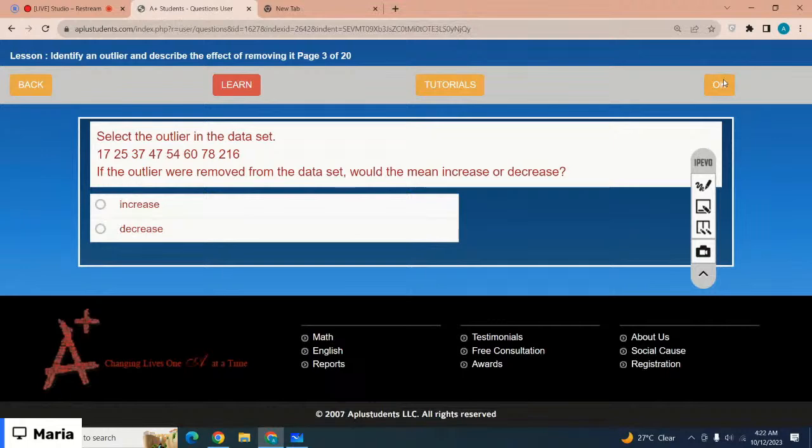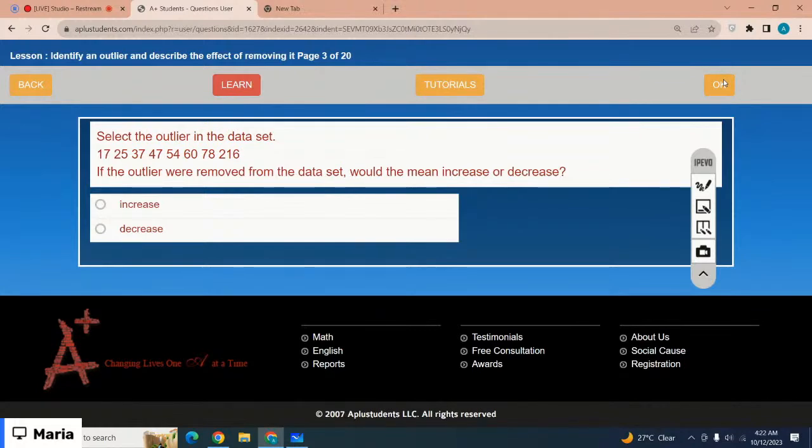Select the outlier in the given data set: 17, 25, 37, 47, 54, 60, 78, and 216. If the outlier were removed from the dataset, would the mean increase or decrease? So which is the correct option? Which is the outlier? 216 is the outlier, right?